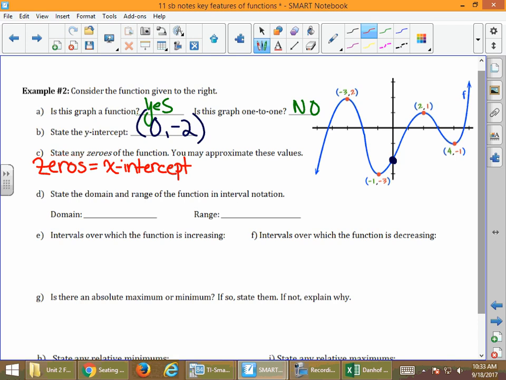I'm going to start to the far left. You don't have to, but you want to make sure that you have them all listed. It's 1, 2, 3, a little bit more than 4 here. So I said it was (-4.25, 0).